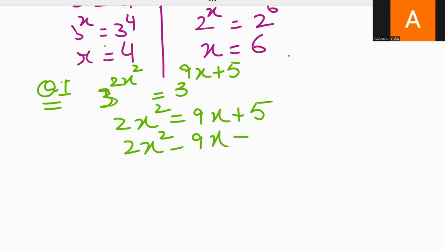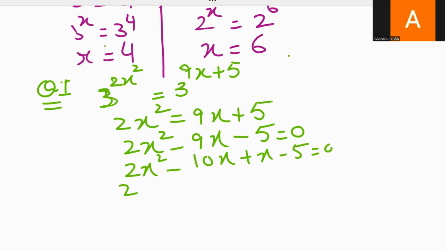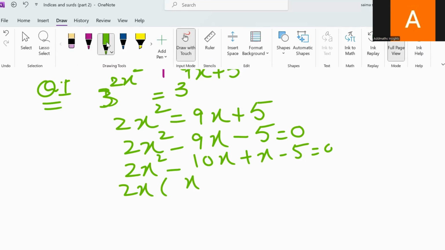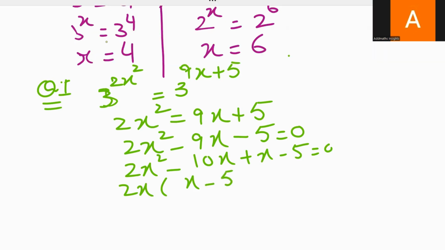Now it's a quadratic equation. You take all variables on one side and you can factorize it. The factors are 10 and 1. So you can solve it by taking 2 as common: 2x times x minus 5, plus 1 times x minus 5 is 0.